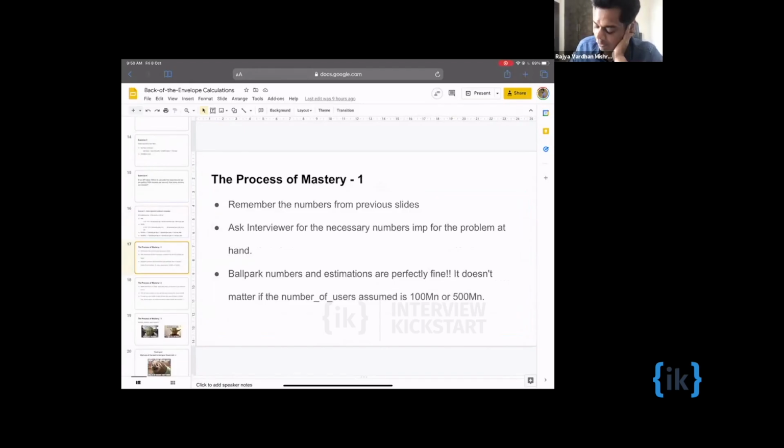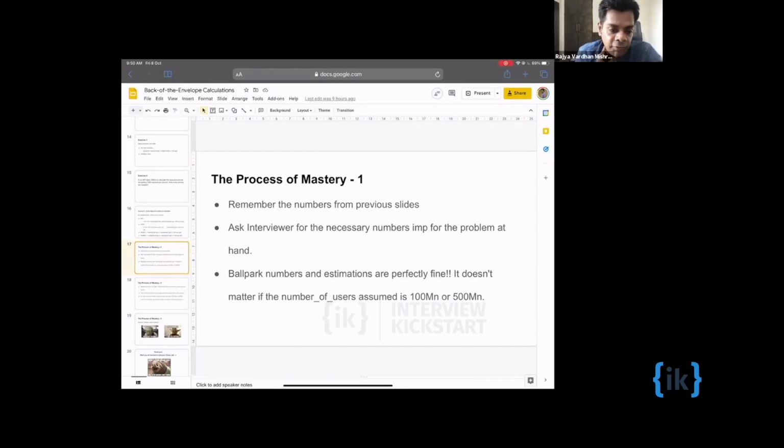And then during the interview discussion, ask the interviewer for the necessary numbers important for the problem at hand. Like how many daily active users are coming, overall how many users there are, what is the latency of the important APIs in the system. These kinds of discussions you can have with the interviewer.